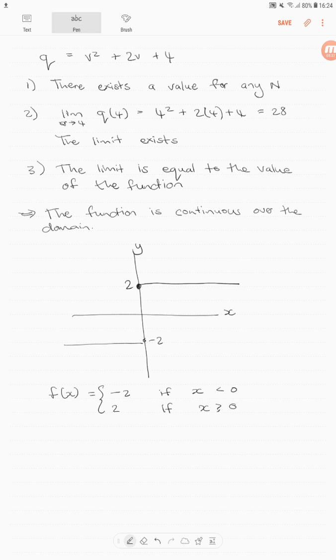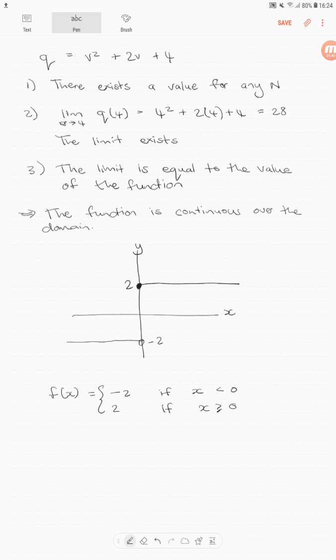So larger or equal to 0 is a dot, and this will be an open circle. Let me just indicate that better. And an open circle.